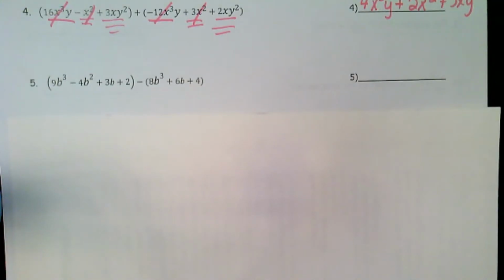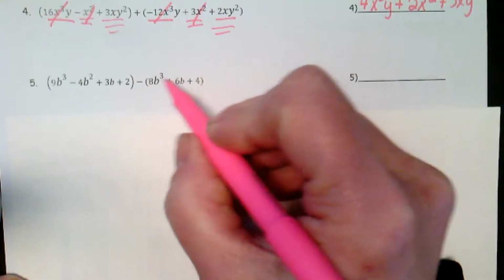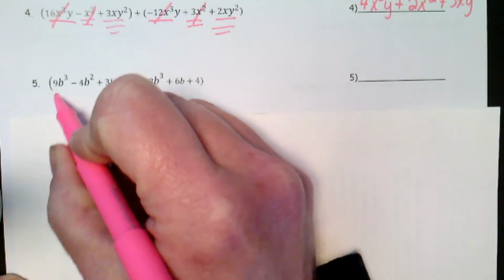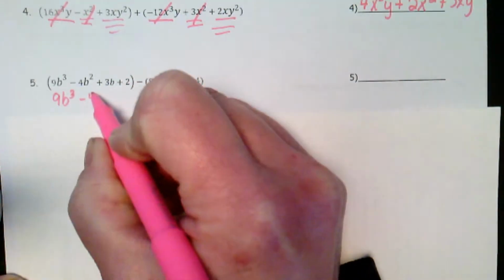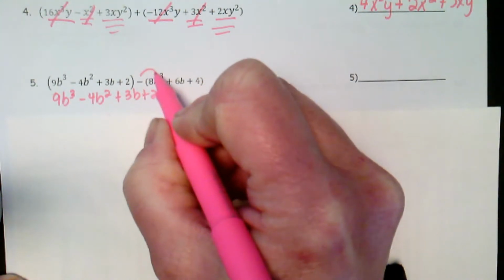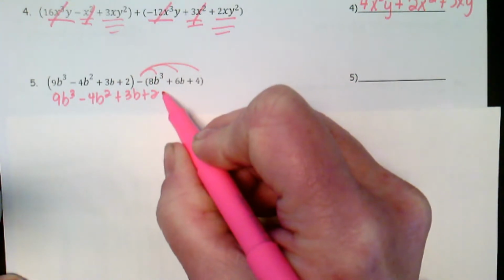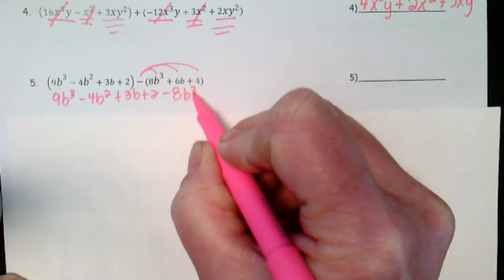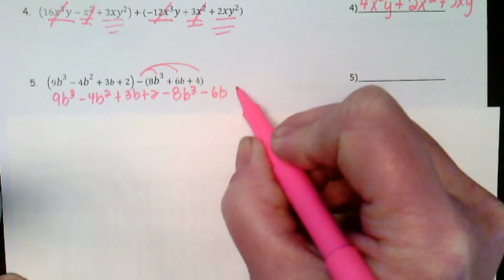Alright, number 5. When you're subtracting, you have to remember that everybody in here gets the opposite sign. So I just get rid of the parentheses, but that means everybody gets a negative sign. If it was negative, it becomes positive. If it's positive, it becomes negative.